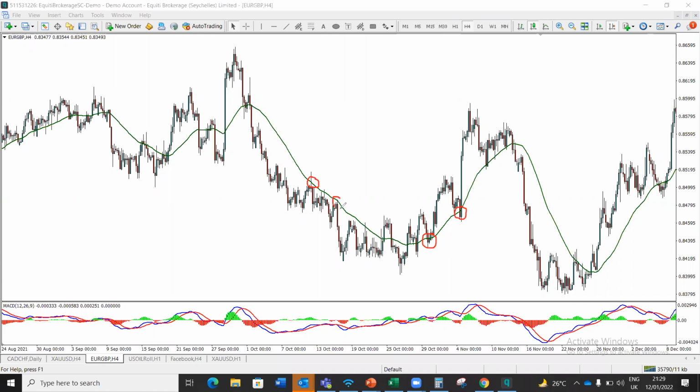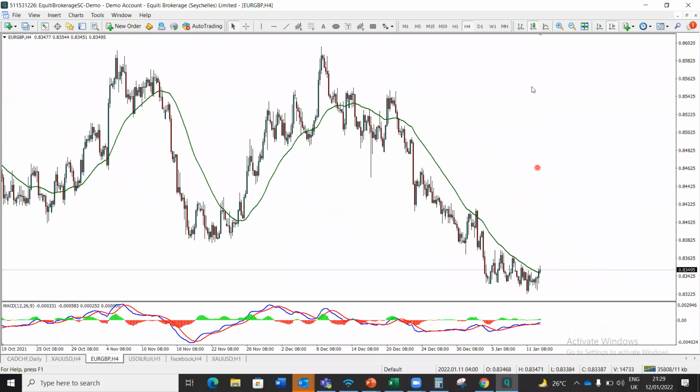A dynamic resistance here as well, creating an opportunity for sell. We also find here a dynamic resistance. So we're expecting the market to pull down, of which it eventually did.